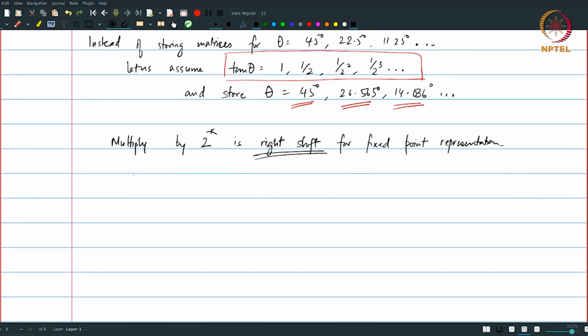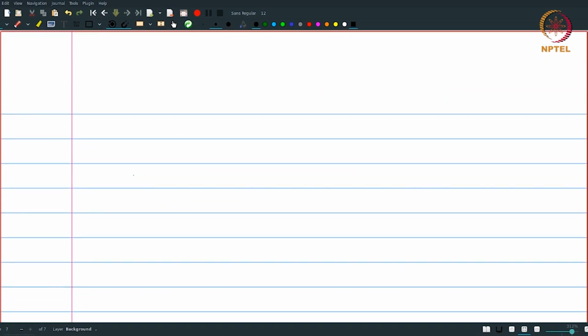So if we go back and once again write what is the iteration that we are going to do, effectively what we would have is, start with x comma y. Step 1 would be rotate by theta 1, in this case equal to 45 degrees, right?